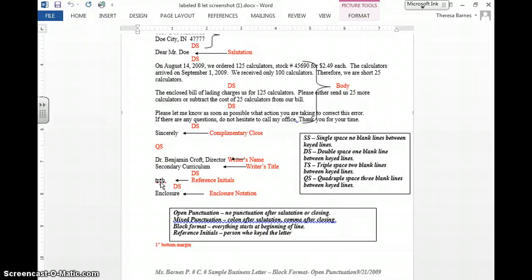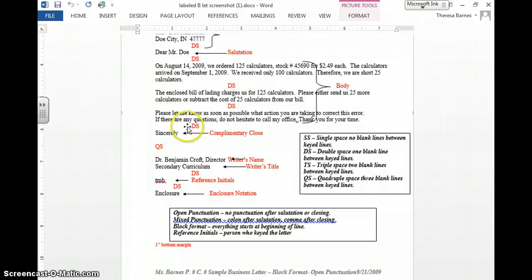Once you type the reference initials in the letter, if there is something that is enclosed or attached to the letter, you need to make an enclosure notation or an attachment notation. This tells the person that there should be something in this envelope that is attached to the letter that they should be looking for.